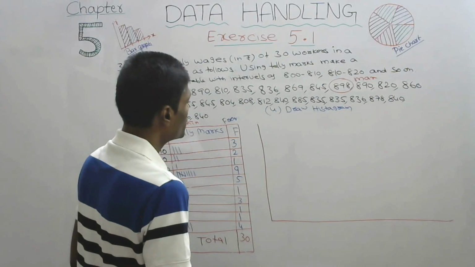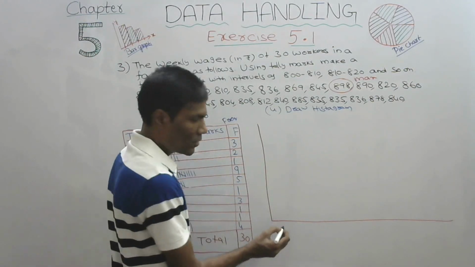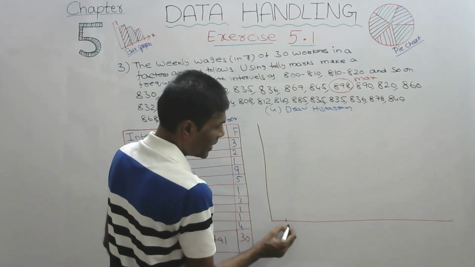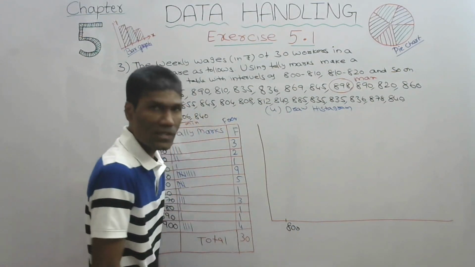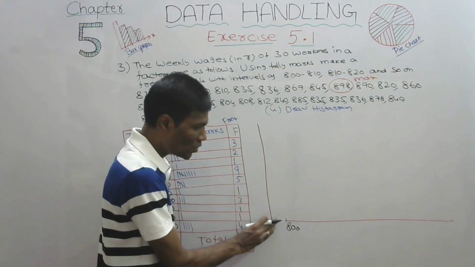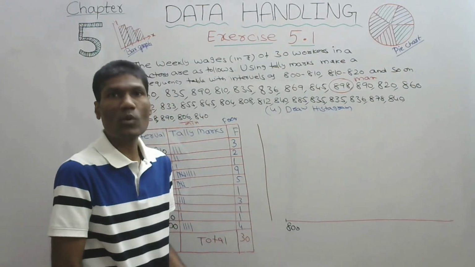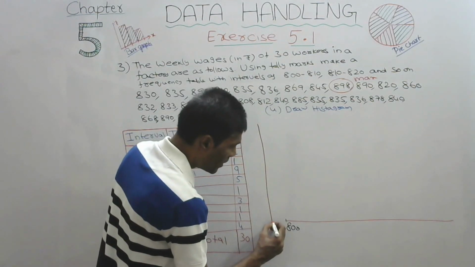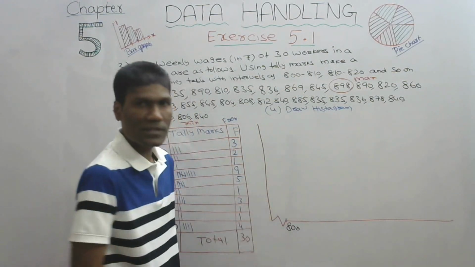Now, so we will start with 800 here. As we are not starting with 0, what we are supposed to do? We have to draw a broken line. Remember? Like this.